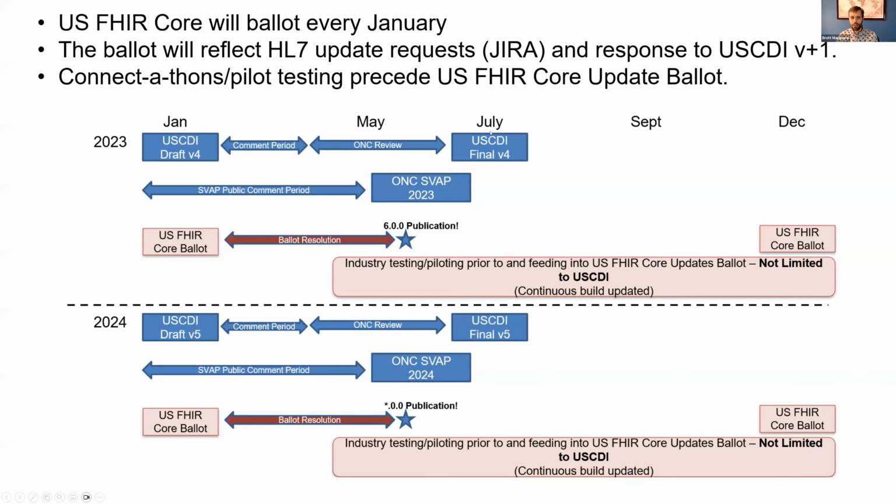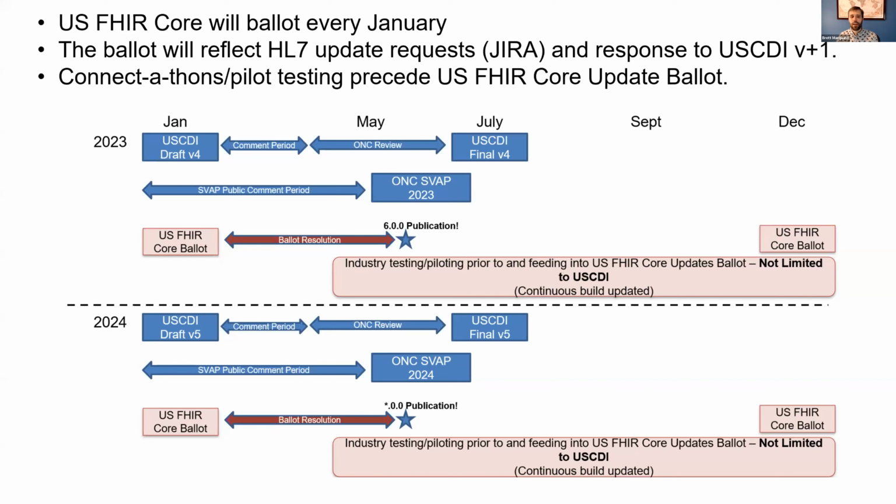And so the publication of USCDI is here. Industry testing, piloting, and getting prepped for ballot goes on throughout the rest of the year, and then there's a ballot submission in December. Going into 2024, that ballot has occurred. The ballot process in HL7 is open for comment for 30 days. Pencils are down, no editing.